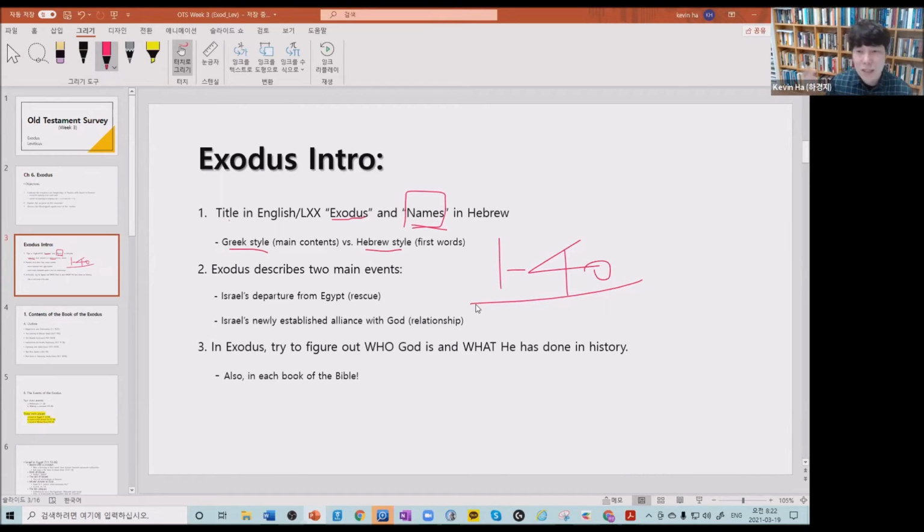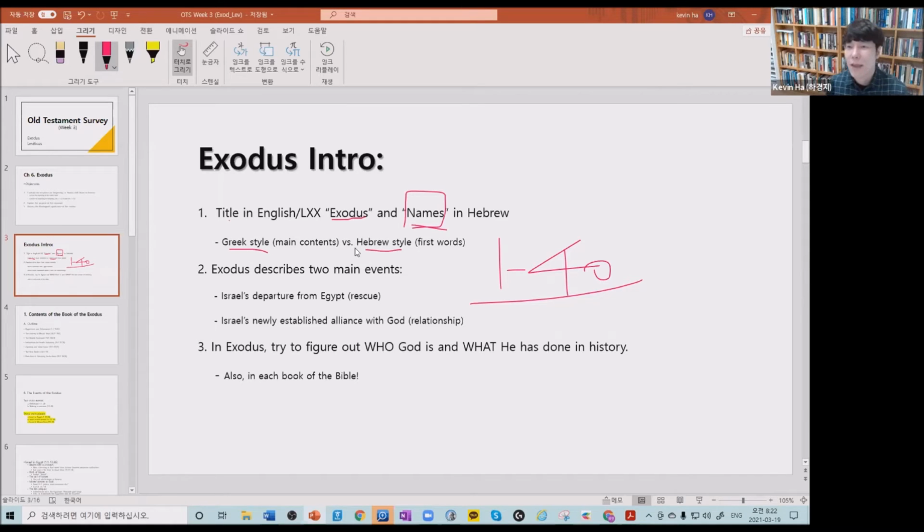But still, Exodus is a big event, the main idea. So that's why they put Exodus as the title. But keep in mind, it's not just about Exodus, it's more than that. The Hebrew title is Names.